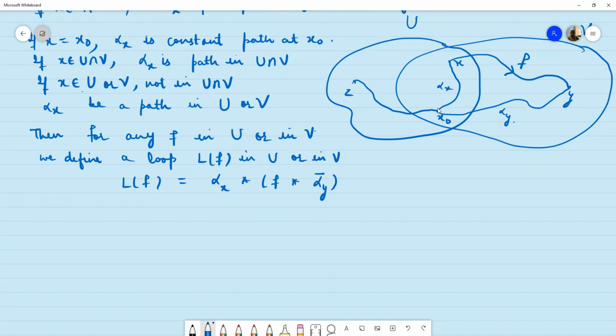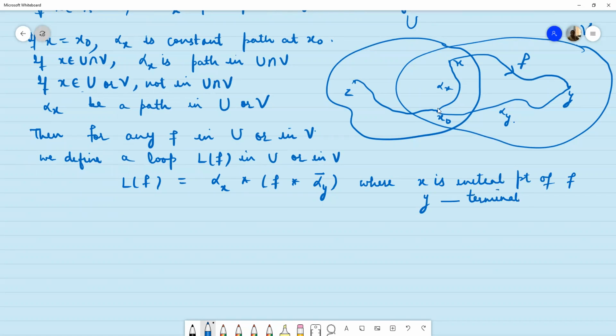Here x is the initial point of f and y is the terminal point of f.